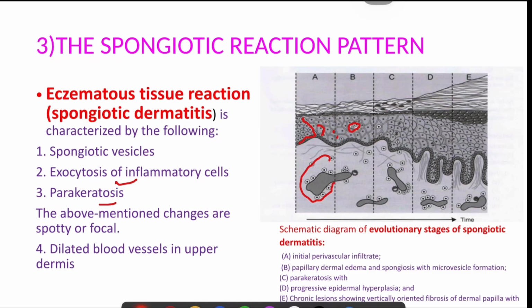Now as the lesion becomes old, there is parakeratosis. Then after that there are changes like epidermal hyperplasia.